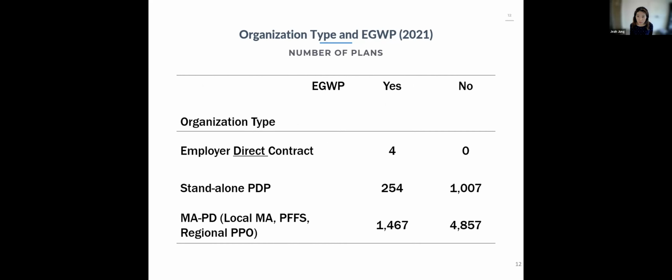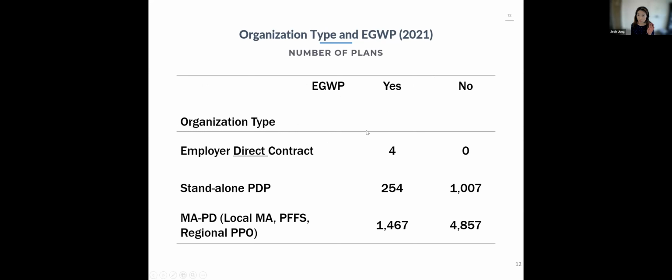If you create a 2x2 table here, okay, it's a 3x2 table. Here EGWP is the indicator of whether this is an EGWP plan or not, yes or no. Then you want to see what organization type these EGWP plans are. You can see here only 4.